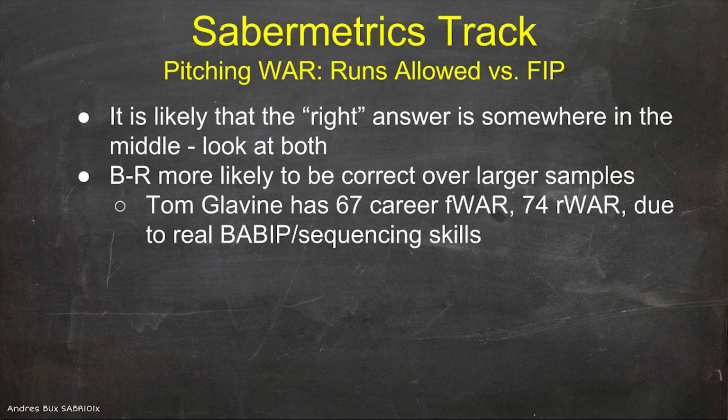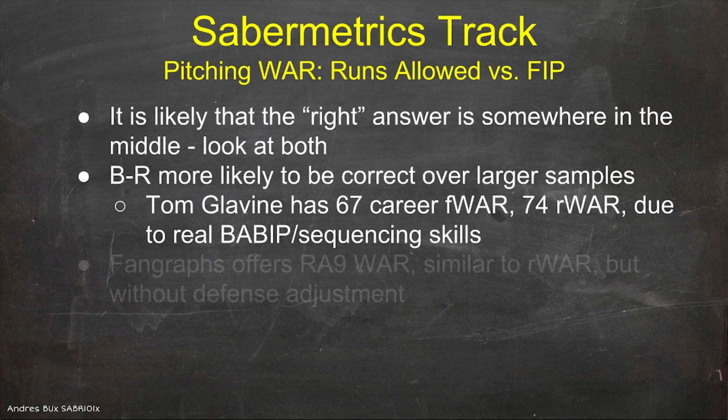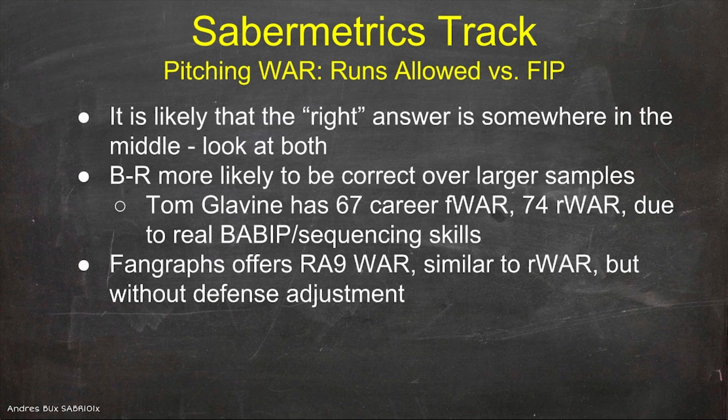So this big difference between Baseball Reference WAR, which might be more true for Tom Glavine's case, and Fangraphs WAR, points out a slight disadvantage to Fangraphs. So Baseball Reference might be better over a career, but FIP has other advantages over runs allowed per nine, specifically the defense independent statistics that are there.